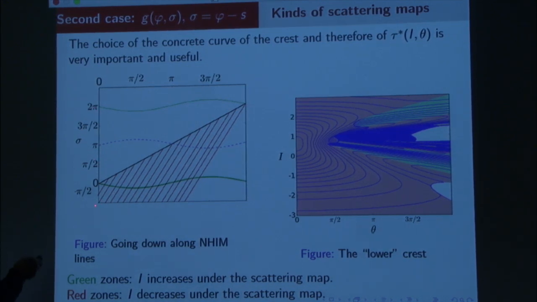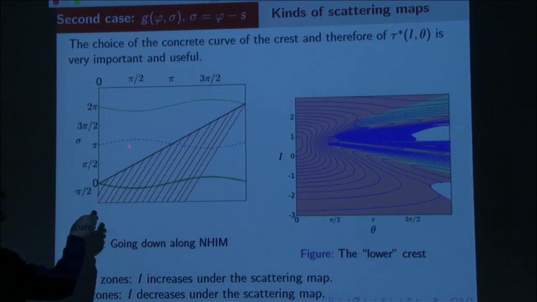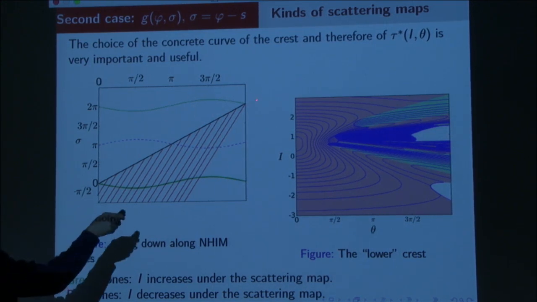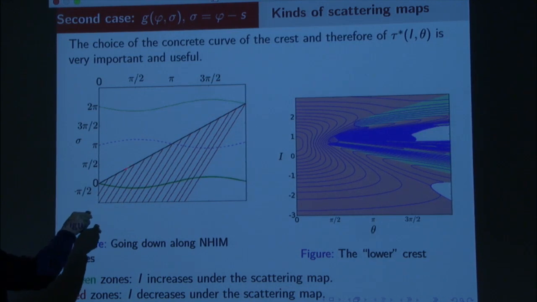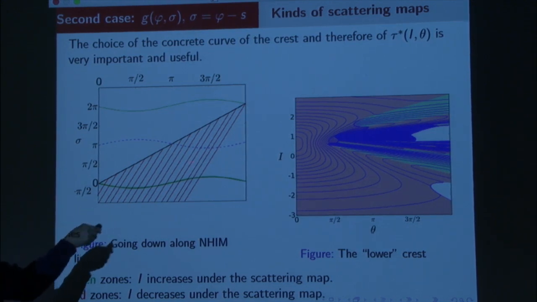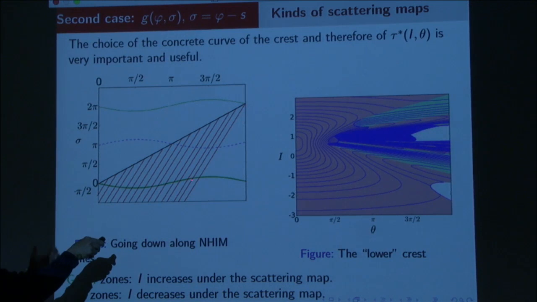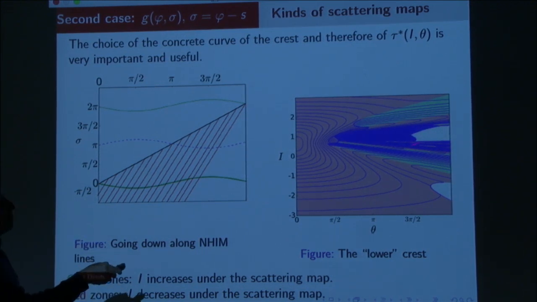This is the sigma phi set. Here, for instance, in this case, for mu that is small, that is what's written here. Imagine that these are the creases. So I'm writing here this and this and this. And the point is that for every point on this diagonal, where sigma is equal to phi, to get a scattering map, in this first case I'm throwing down lines, and when I touch this crest, I can draw a scattering map, and this is what was done here.